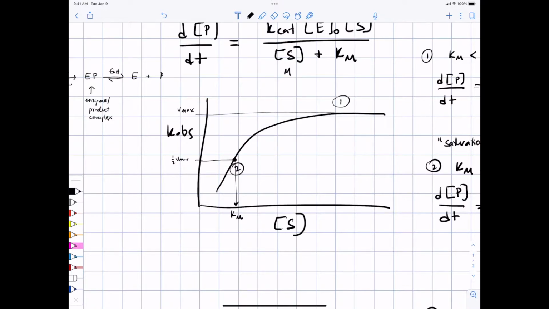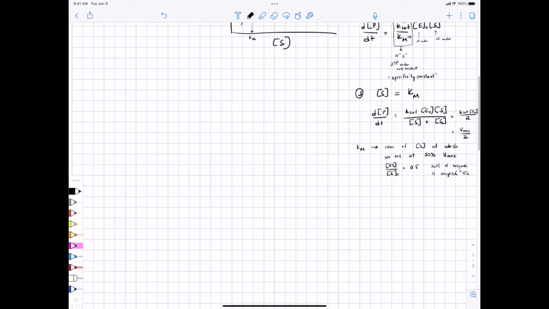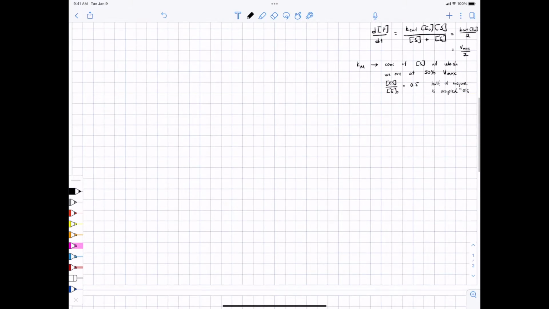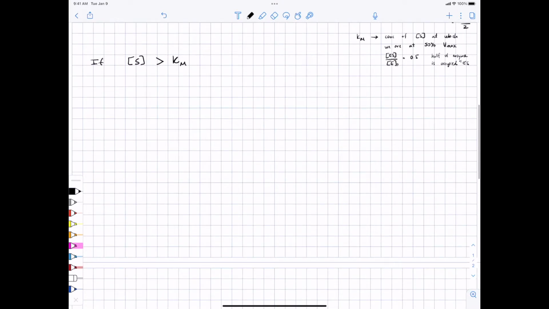All right, let's talk briefly about strategies for improving enzymes. If you're in a situation where the substrate concentration is greater than Km, then your energy diagram is going to look like this. You have enzyme plus substrate.